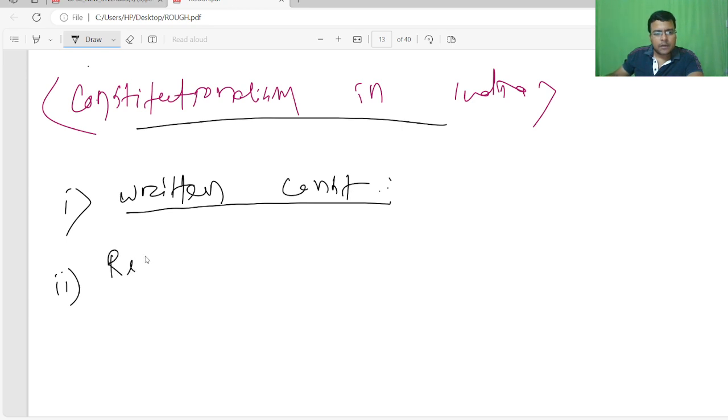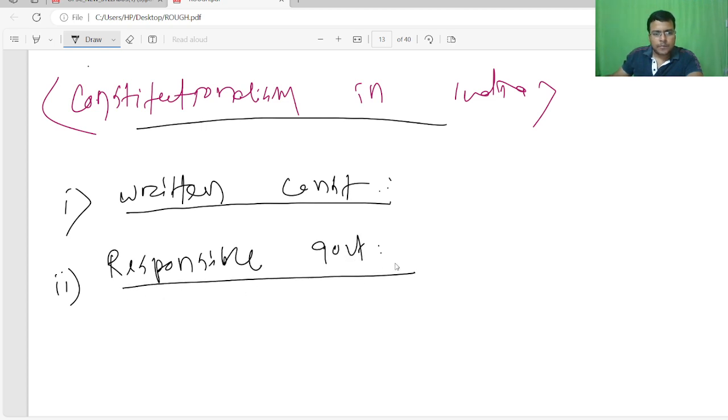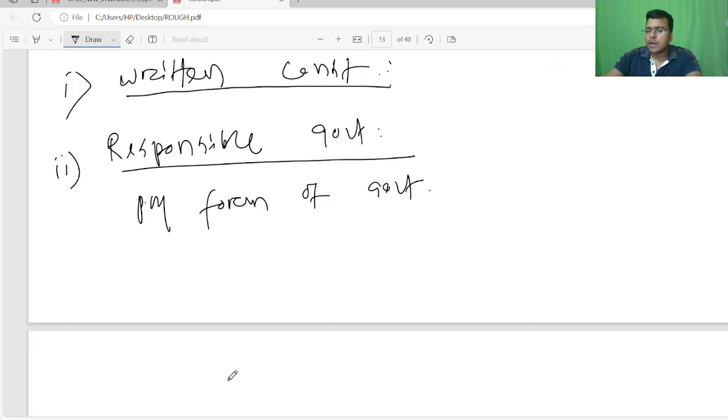Second, responsible government. We have a prime ministerial form of government. And why is it responsible government?